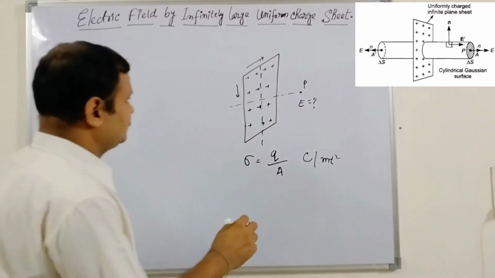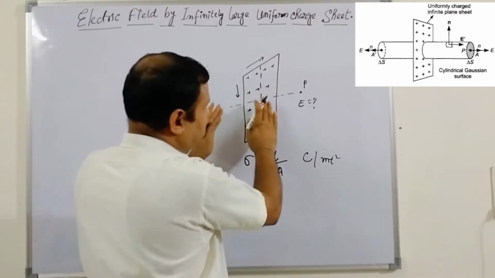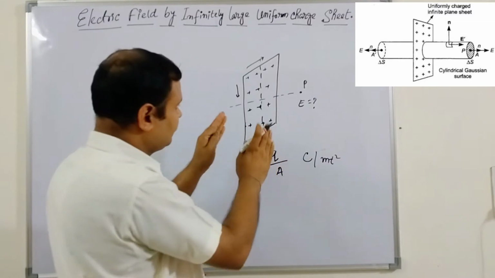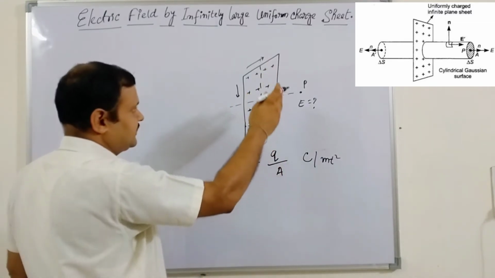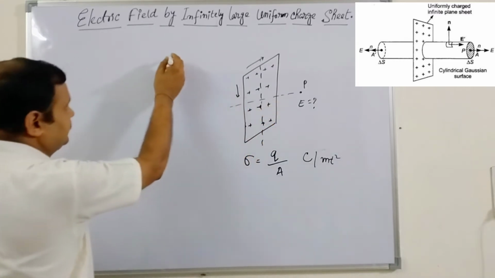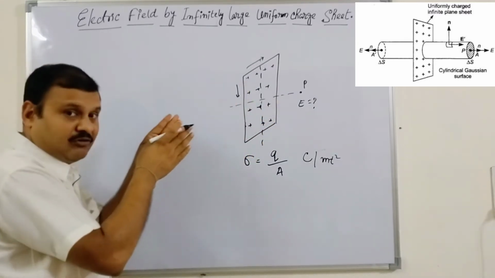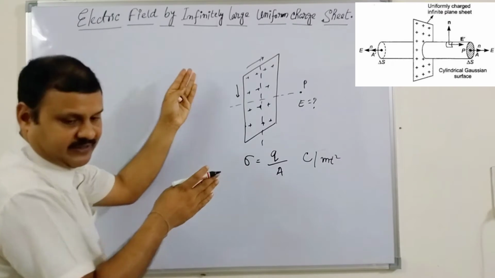Now see, if you look at it like this, it will be a little difficult to understand. Let's have a separate view, an angular view. It's a plate, a very thin plate.